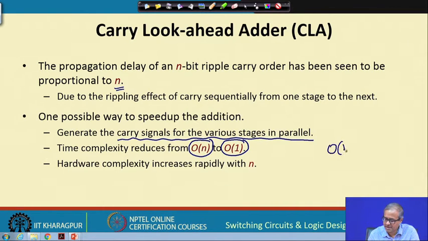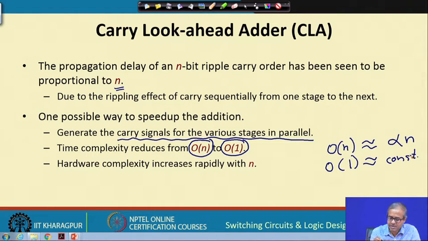This order n roughly indicates it is proportional to n, and order 1 means it is constant. So, in a ripple carry adder, the total time taken is proportional to n. So, if you make a bigger adder, the time increases, but in a carry look ahead adder the addition time is constant irrespective of the value of n.